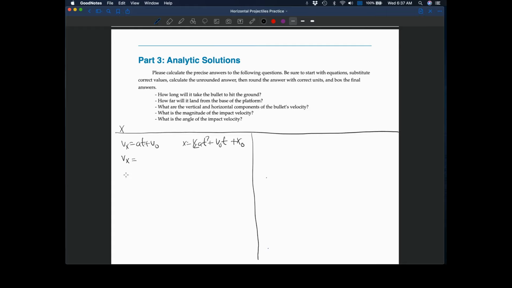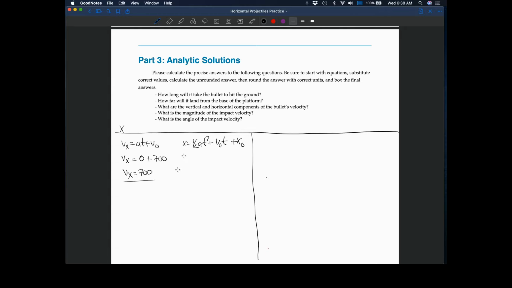Well, horizontally, there's no acceleration, so that term drops out. And the initial velocity, in this case, is our 700 meters per second. We have Vx equals 700. And so this model that describes the velocity at every moment in time says that the velocity is 700. It doesn't depend on the time. That's what this equation says to us.